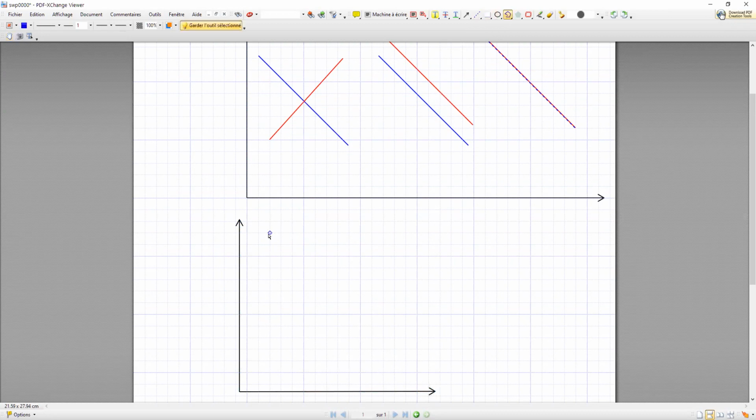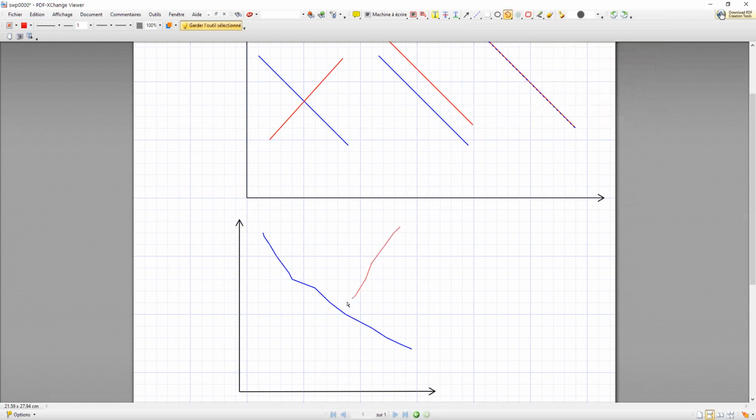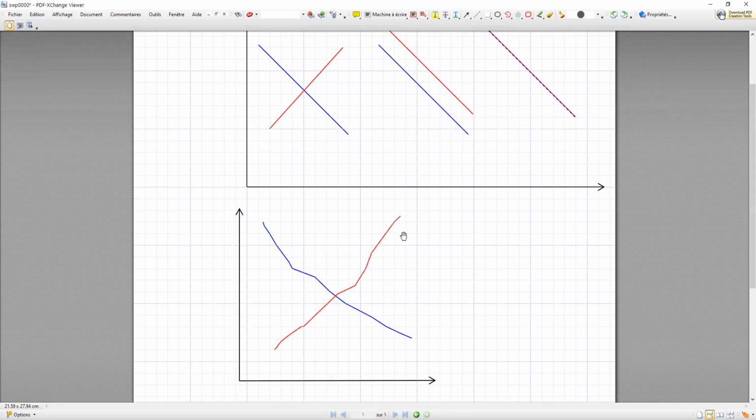I have my demand that looks like this, maybe, and my supply that looks like this. Who knows? The thing is, I never observe this or this.